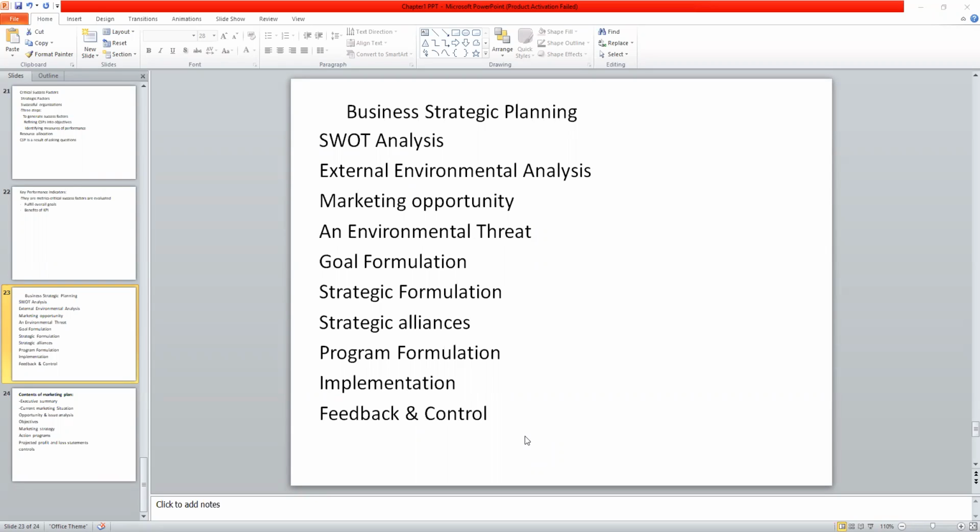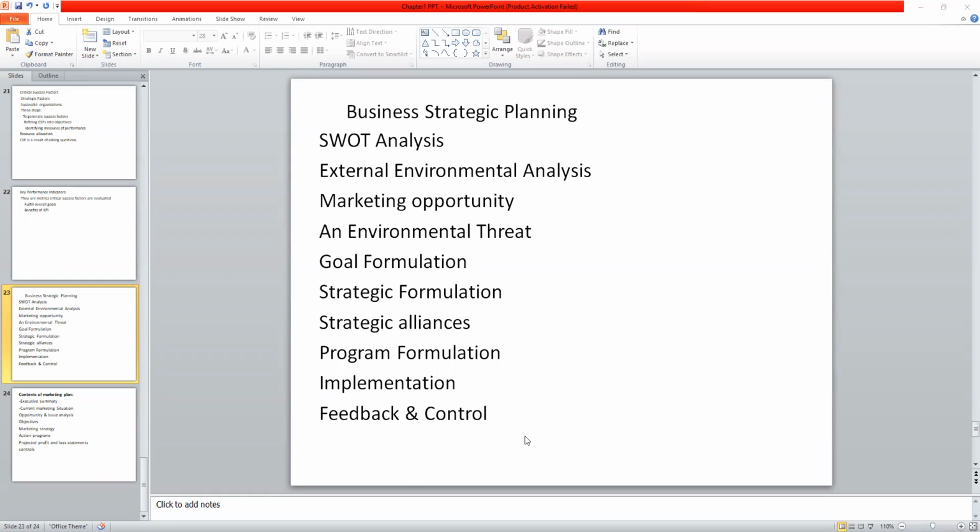Now comes the part of the SWOT analysis. As we know, SWOT analysis includes strengths, weaknesses, opportunities, and threats. The strengths and weaknesses refer to the individual firm, while the opportunities and threats have to be traced or explored by the company. The external environmental analysis part consists of opportunity and threat analysis.